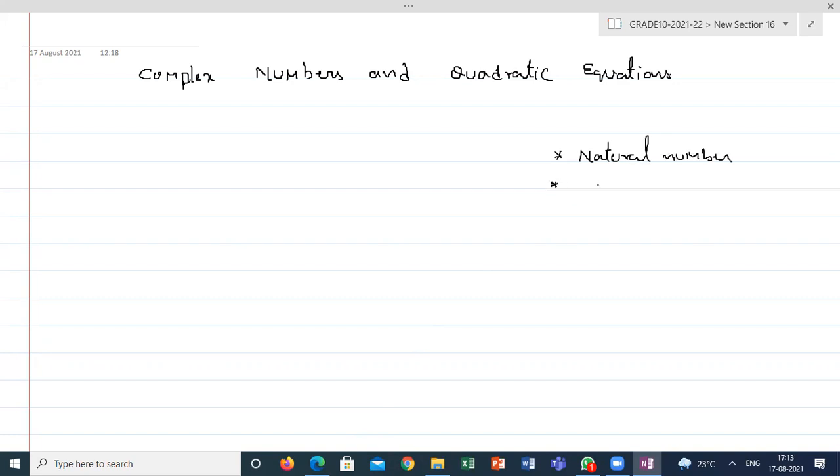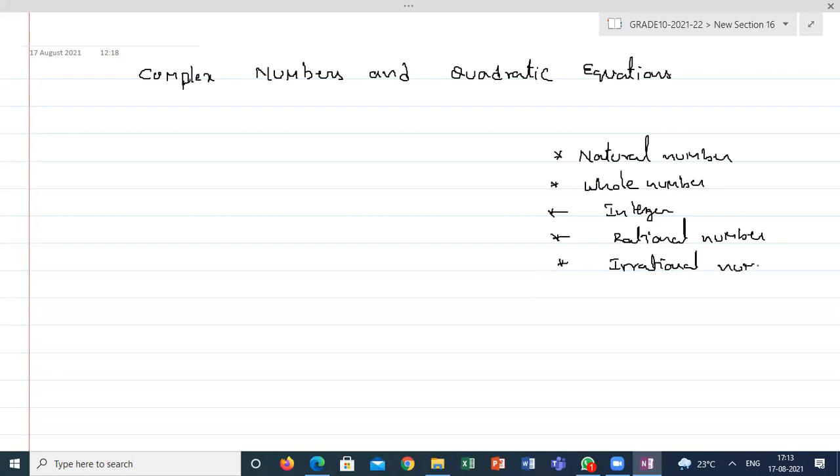There is a problem of addition and subtraction, so whole numbers, integers, rational numbers, irrational numbers, all together called real numbers.